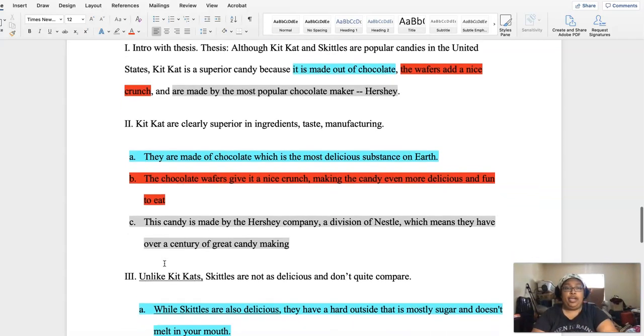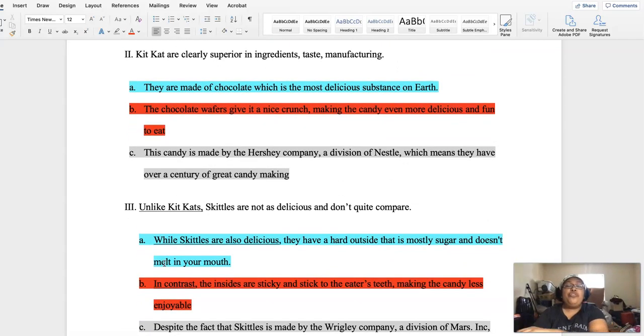Okay, so let's look at paragraph 2, right? For this particular example, I went ahead and did topic sentences for each of the paragraphs. Why? Because for me, and again, it has a lot to do with you as a writer, in this particular structure it's easier for me to write a topic sentence than in the other structure.